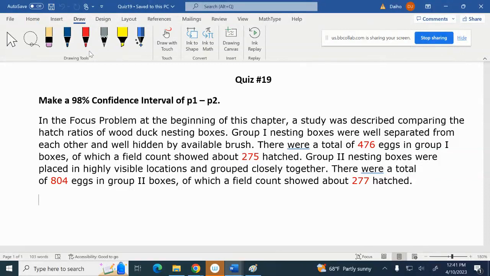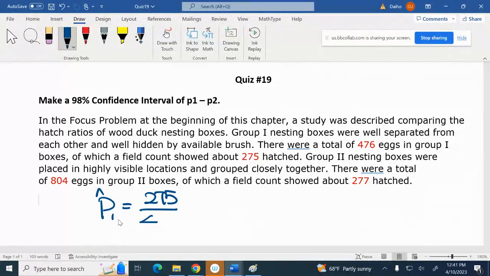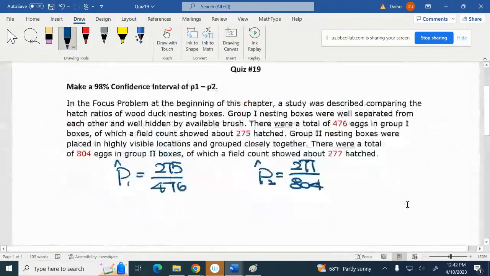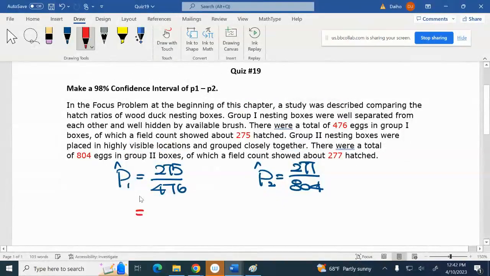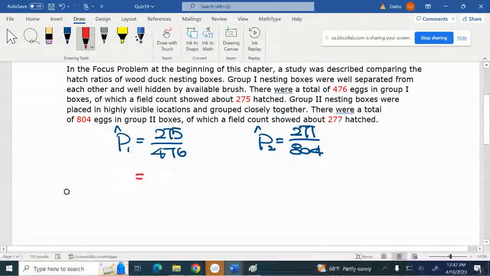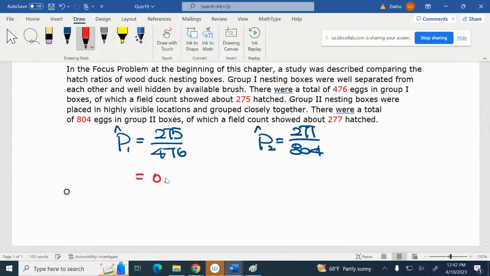When I estimate the two proportions, it must be 275 out of 476. And the second one will be 277 out of 804. Then now I have 275 over 476, 0.58.